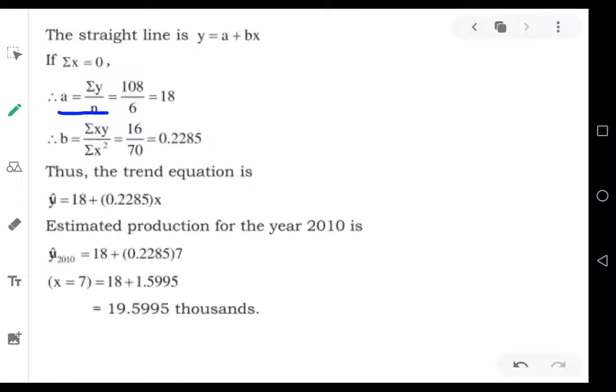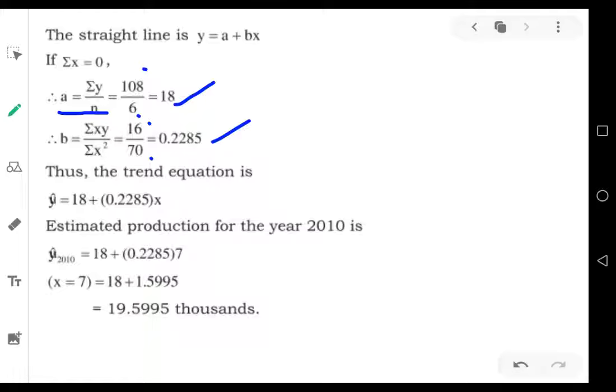Now we proceed to the calculation of constants, that is, the value of a is equal to summation y by n. Summation y is 108 and n is 6, therefore you get the a value as 18. Then go to the calculation of the value of b. The formula we have is summation xy by summation x square, that is 16 by 70.